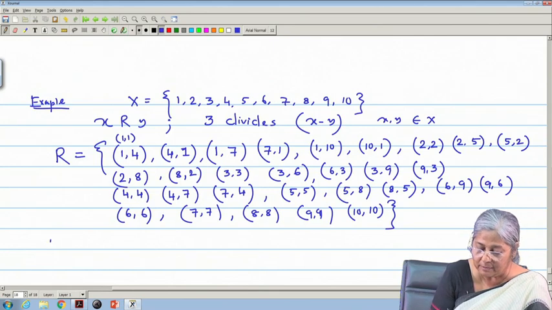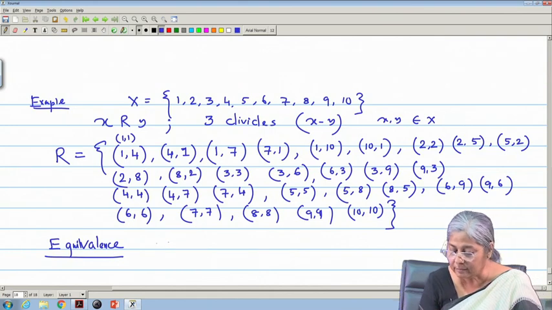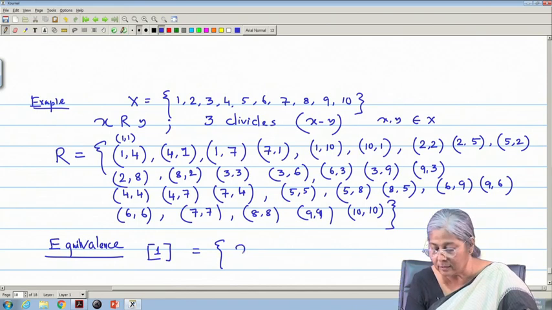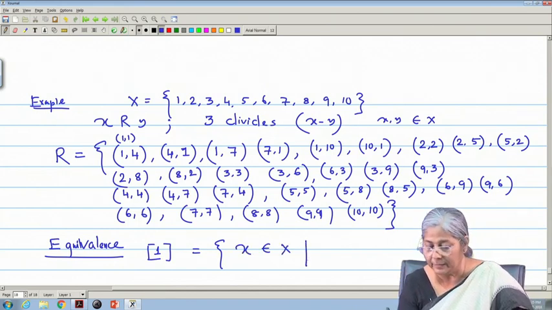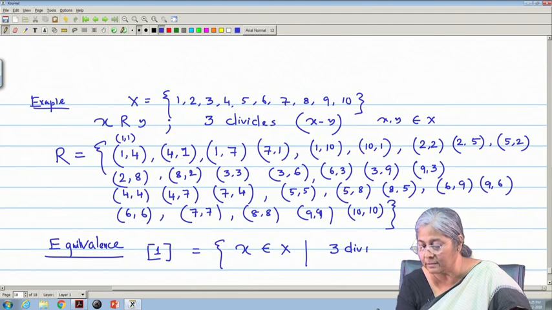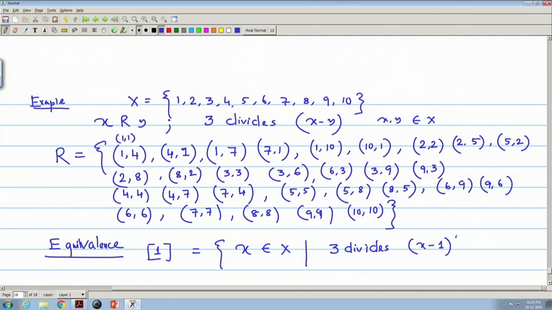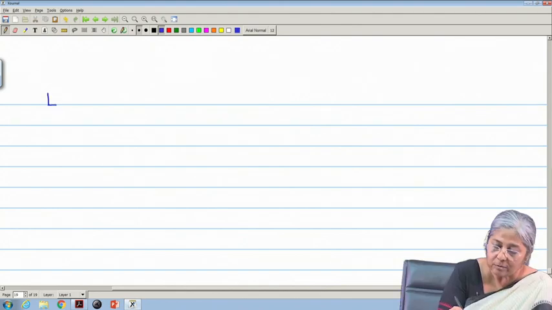Now, what will be my equivalence class from here? I can consider the equivalence class, say I am writing the box [1], I define that x belongs to X if 3 divides x minus 1. So, what will be my [1]?